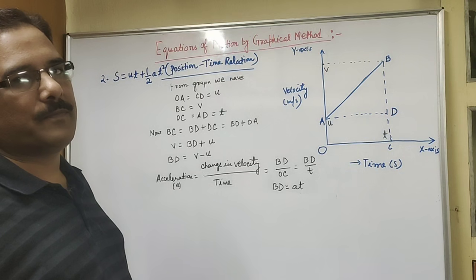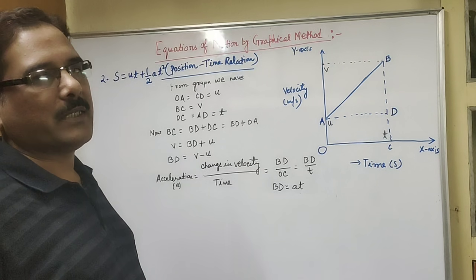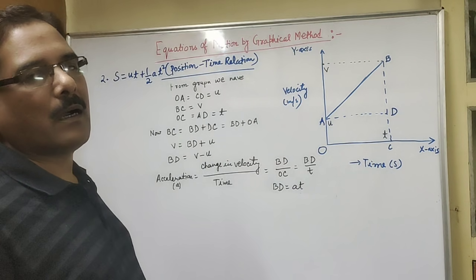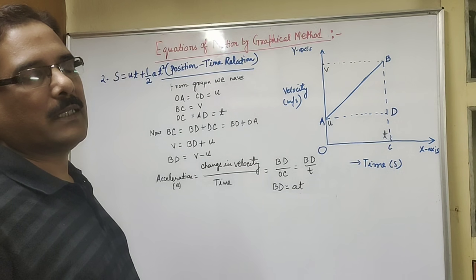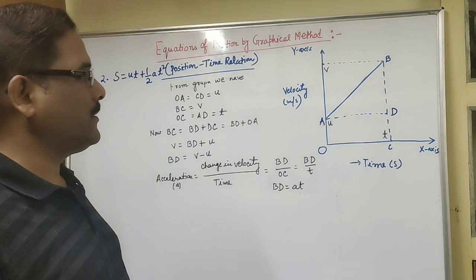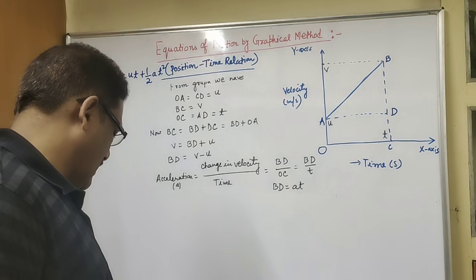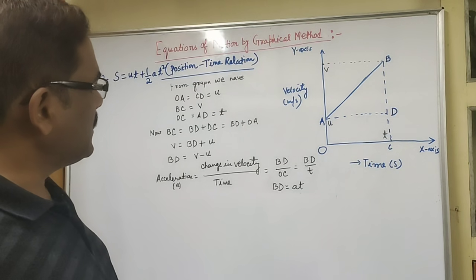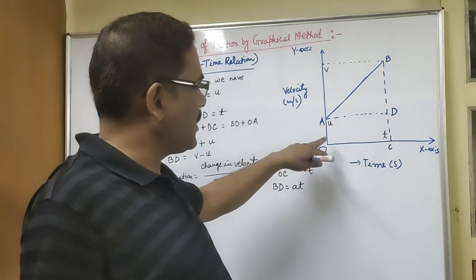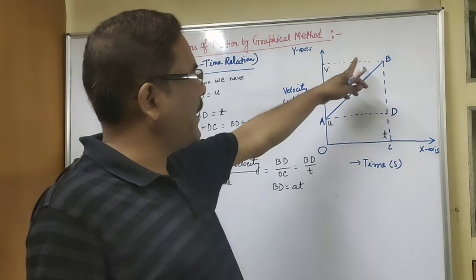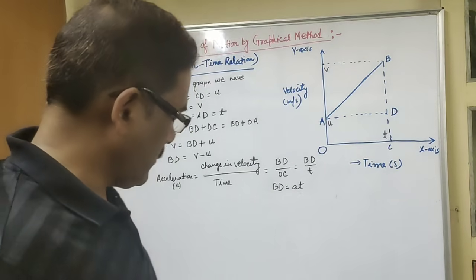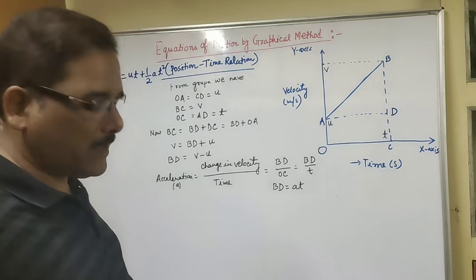Just recall it. In kinematics I have discussed that the area under the velocity time graph gives the magnitude of displacement. So in this graph you have to calculate the area of figure OABC.